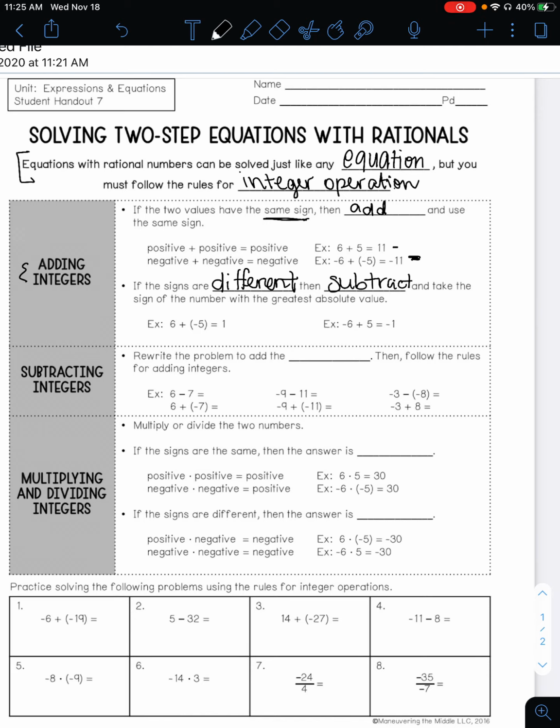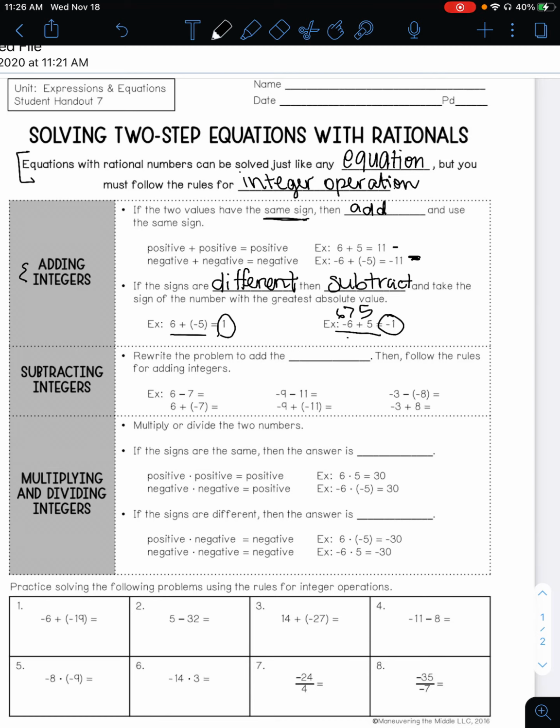Remember, when adding numbers with different signs, take the absolute value of each one; the one with the bigger absolute value gives the sign of your answer, and then you simply subtract. For 6 plus negative 5, 6 has the greater absolute value, so 6 minus 5 is positive 1. For negative 6 plus positive 5, negative 6 has the bigger absolute value, so your answer is negative: 6 minus 5 gives negative 1.